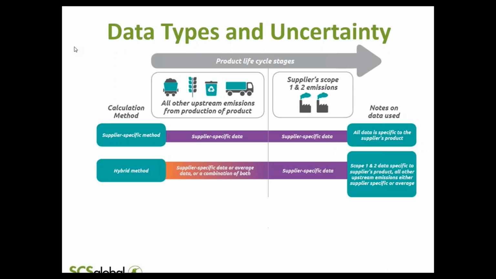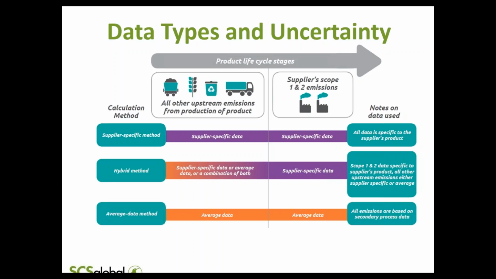The second is a hybrid method, which takes the supplier-specific data for the actual supplier operation and then combines it with average process data, so things like national average statistics, lifecycle assessment databases, and the rest. So this is called the hybrid method. The third step down is simply the average data method.